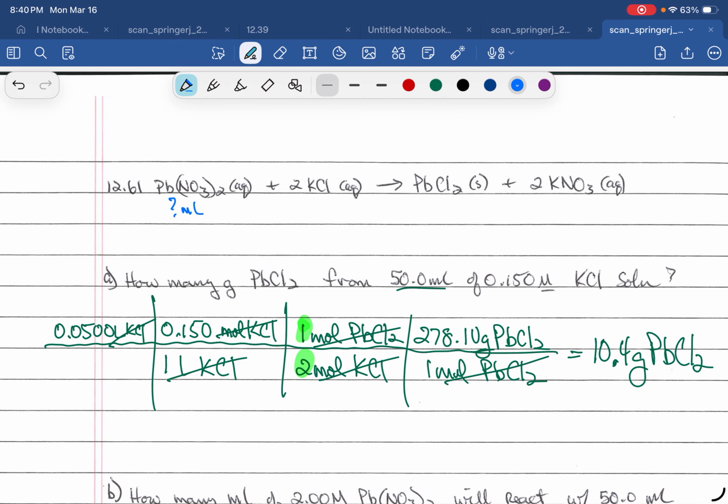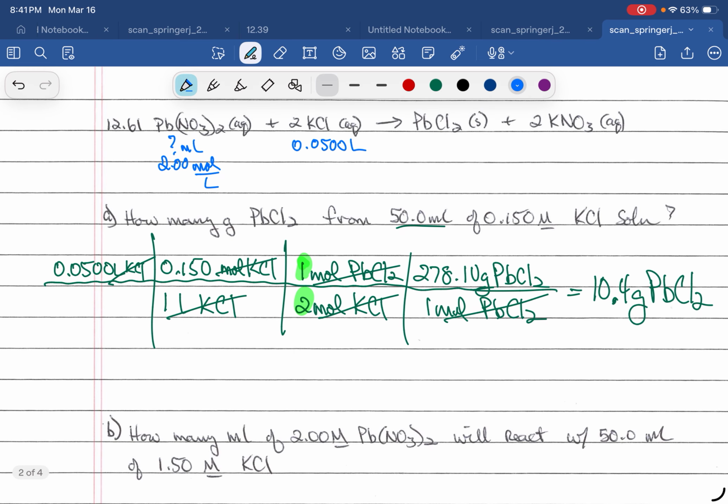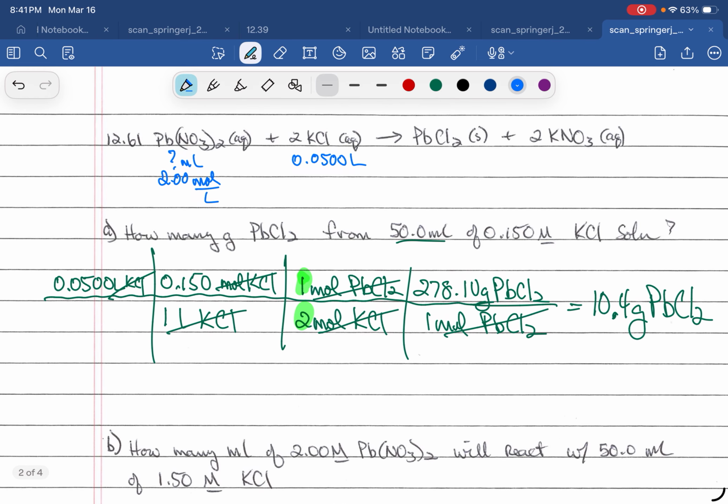And we got 50 milliliters, which I'm going to go ahead and change into liters, 0.0500 liters, 1.50 molar, moles per liter of KCl. Very similar, right? We had 0.05 liters last time, but last time it was 0.15, and this time it's 1.5, so there's a slight difference.